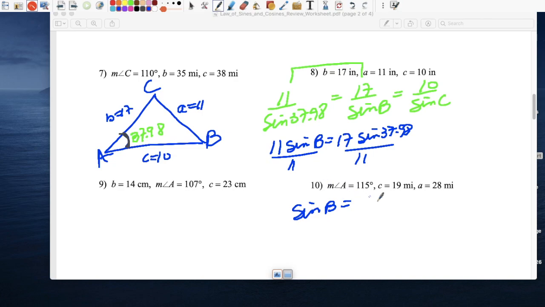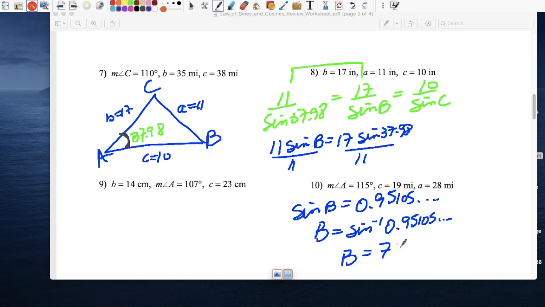You're going to get this decimal number. Now we're going to find angle B. Take the inverse. And if you do the inverse of that, you get that angle B is 72 degrees.